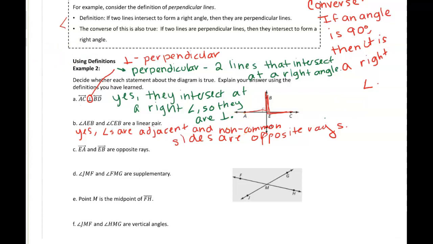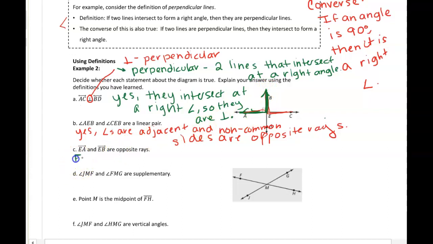Okay, let's do one more together and then I'll let you guys try some by yourself. So EA and EB are opposite rays. So EA is right here, and EB, are they opposite rays? EA goes left and EB goes straight up. So those are not opposite rays.